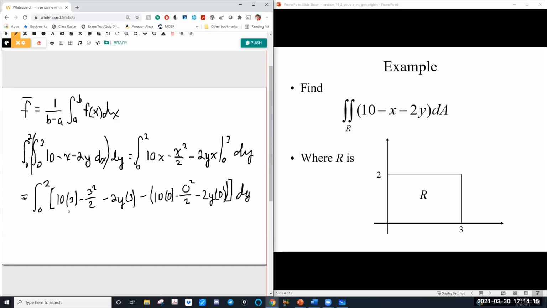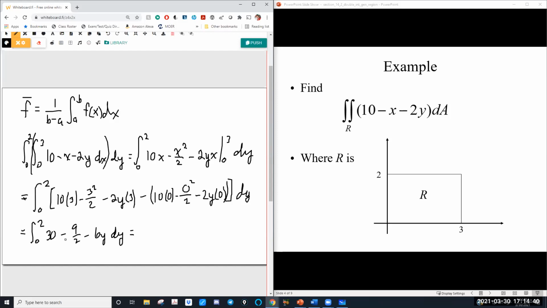Next thing you'll do is simplify as much as you possibly can. We want it to be as easy as possible when we go to do the antiderivative in terms of y. So we're going to have 30 minus 9 halves minus 6y dy.